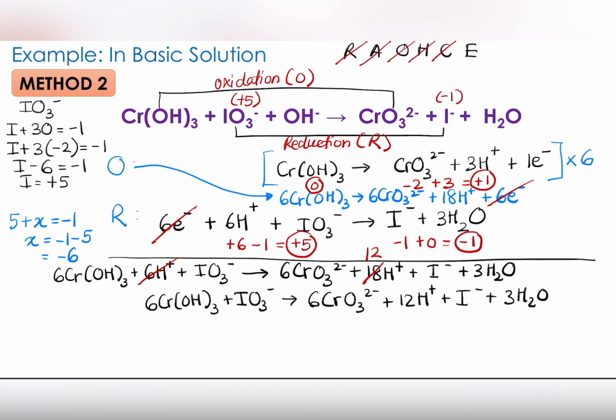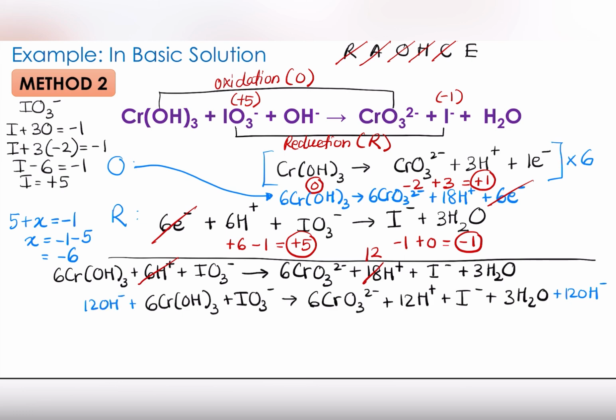And then, barulah kita boleh balance basic solution di mana step terakhir adalah kita kena tambah bilangan OH minus berdasarkan bilangan H+. So as you can see here, I got 12H+. So I will add plus 12OH minus. And here also plus 12 OH minus.